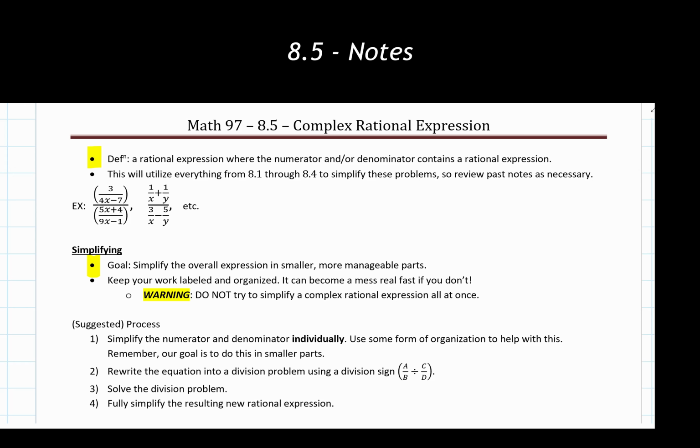So we want to break this thing down. Again, small manageable parts is what we're aiming for. We're going to use 8.1, 8.2, 8.3, 8.4 in small controlled areas, small manageable parts and pieces, to get to our overall answer.